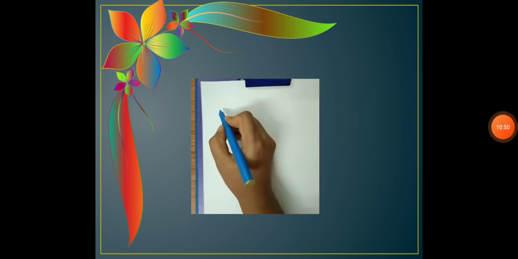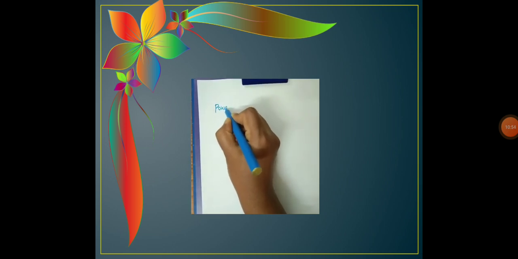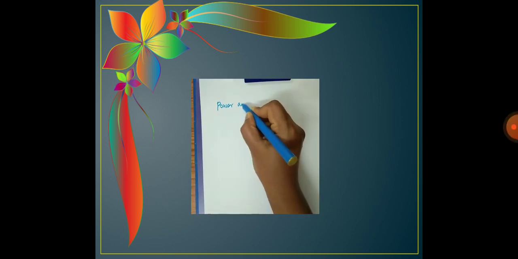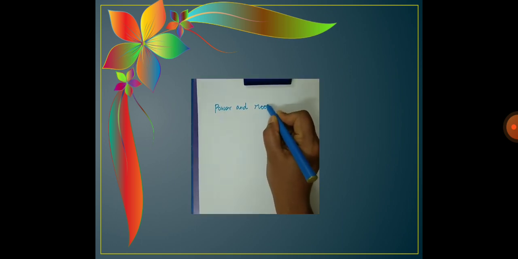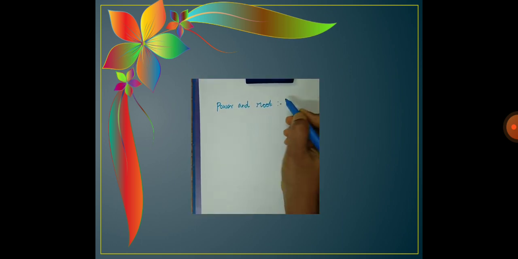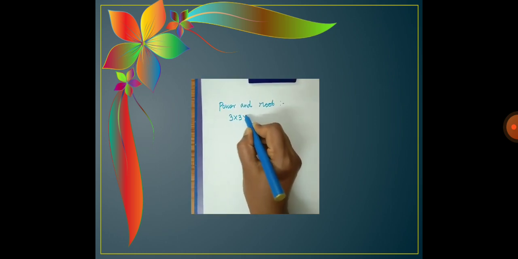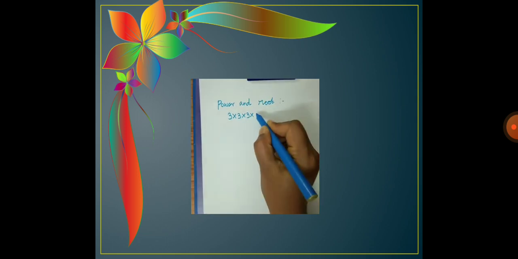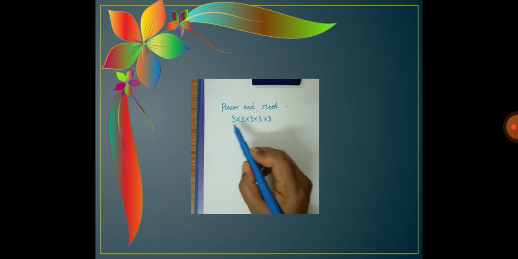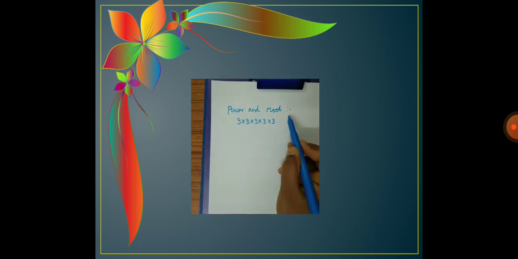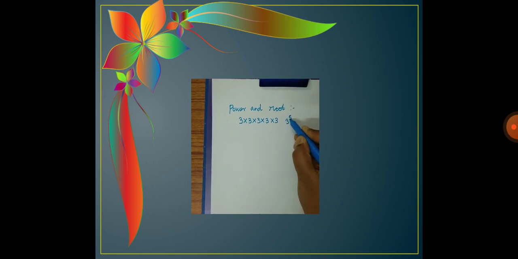Now next what we are going to see is power and root. For example, 3 into 3 into 3 into 3 into 3. Now students, tell me how we will write it in exponent form. 3 raised to the power 5.